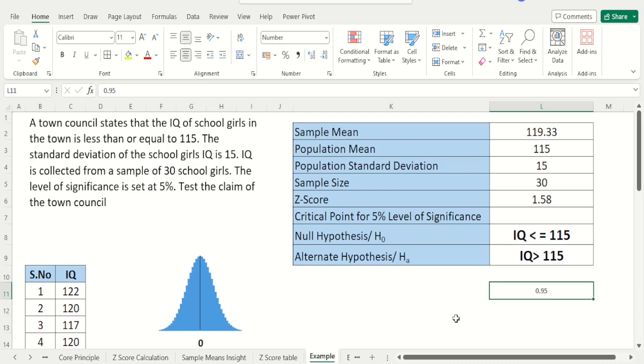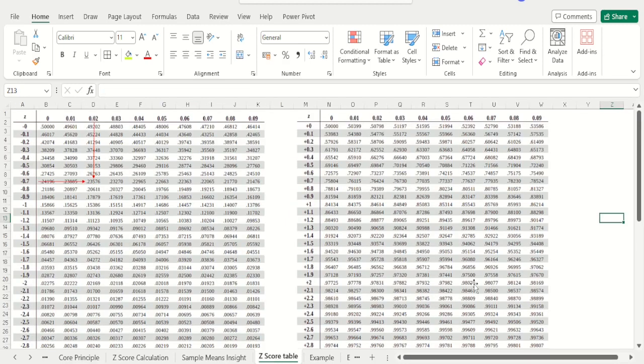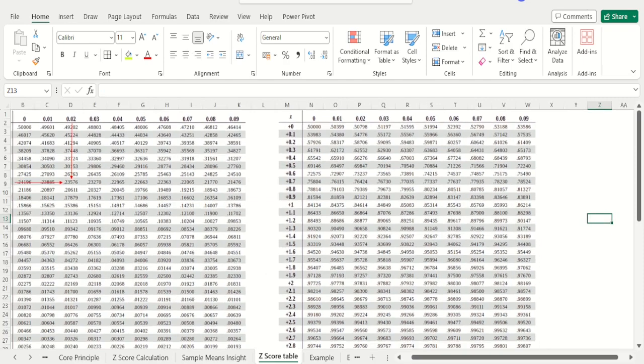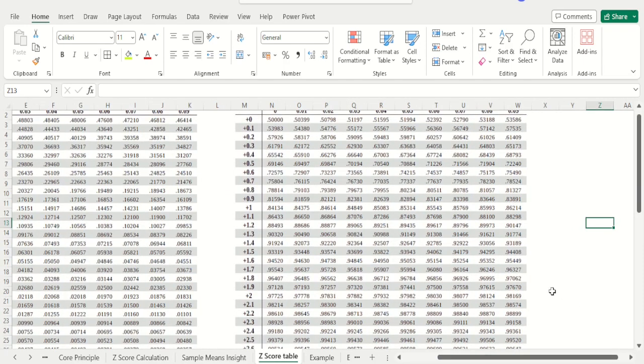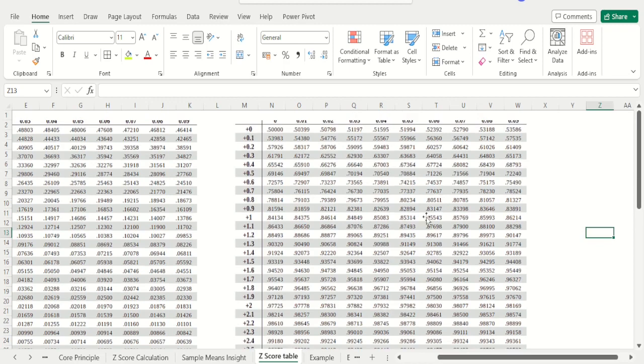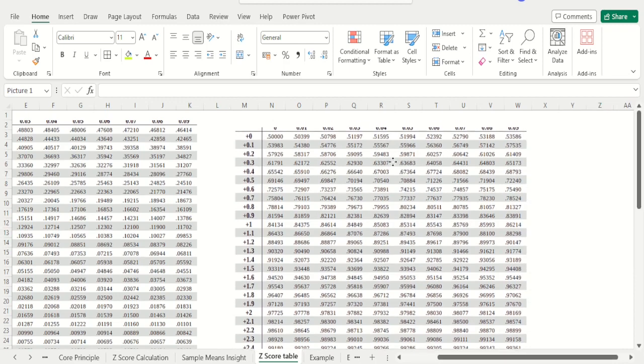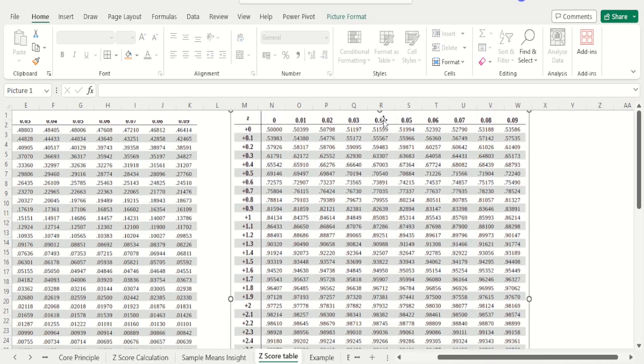So we have two ways to calculate the critical point from here onwards. One way is that you can go to the z-score table, and on the z-score table, you look at where it turns to 95%. You will see that the closest place where it can turn to 95 is the place where 1.6 and 0.04 meet. You will see that 0.04 is right here and 1.6 is here. So where do they intersect?